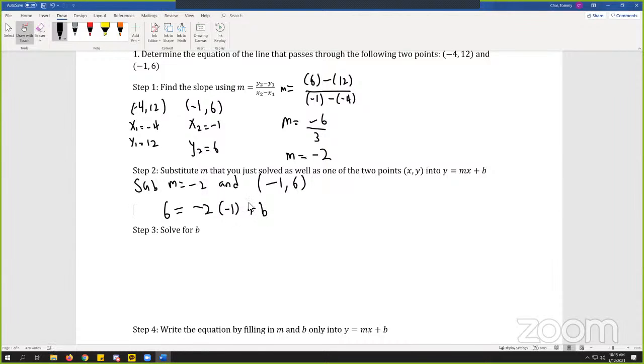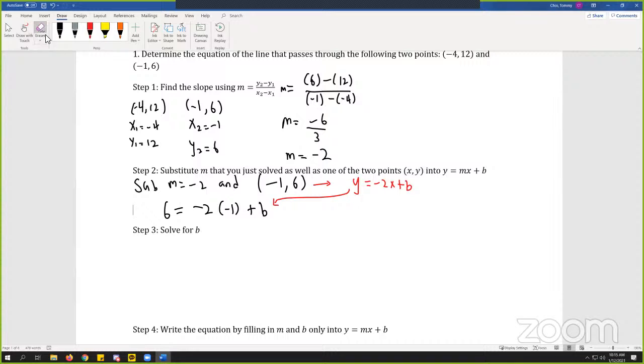Okay? So for those a little confused, let me put the inner part. So you can first sub in the negative 2 first as the slope, and then you can plug that into here, and then plug in the point. Okay?